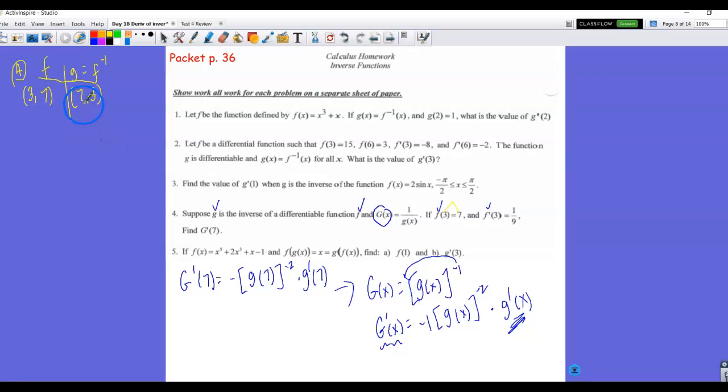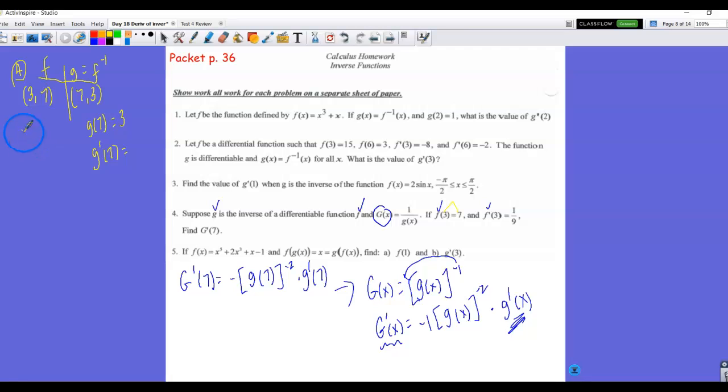That works out nicely because now 7 is an x value of g, and I need two things. I need little g of 7, which now I know to be 3, and I need little g prime of 7, which I'm going to have to figure out.